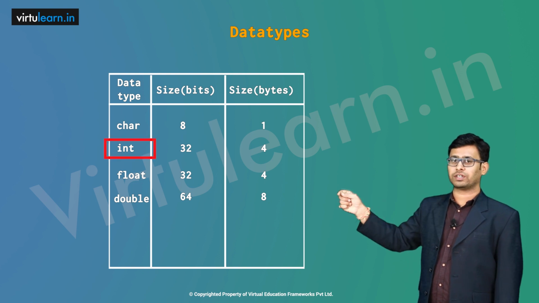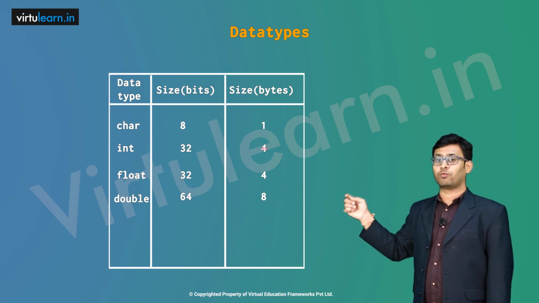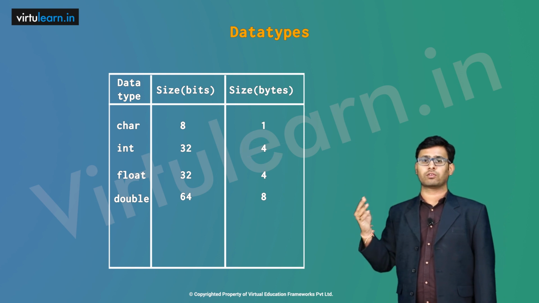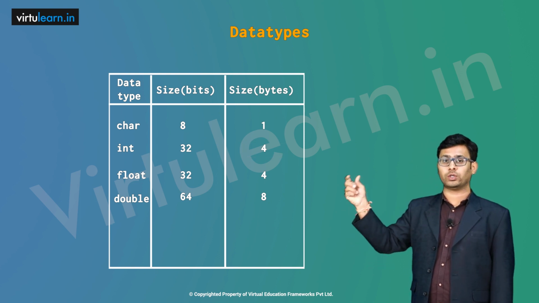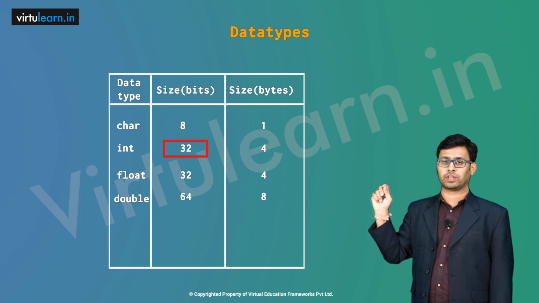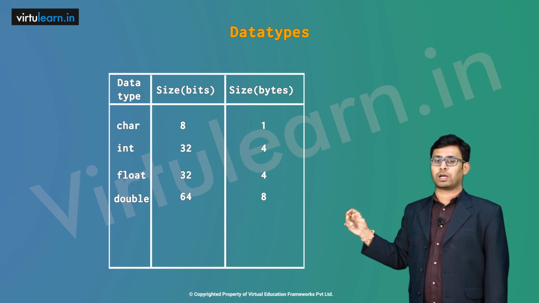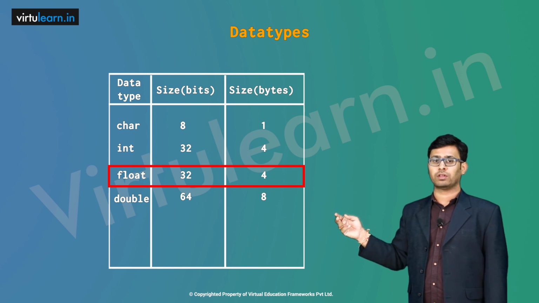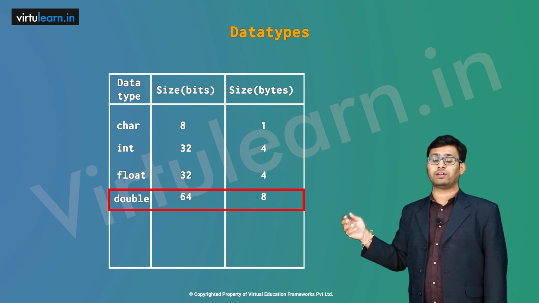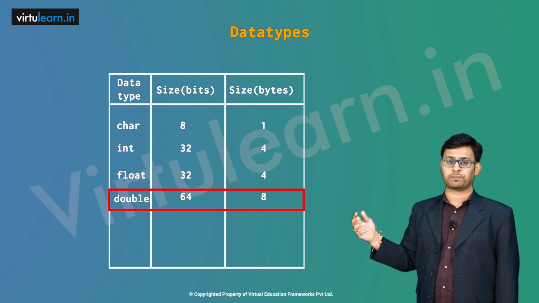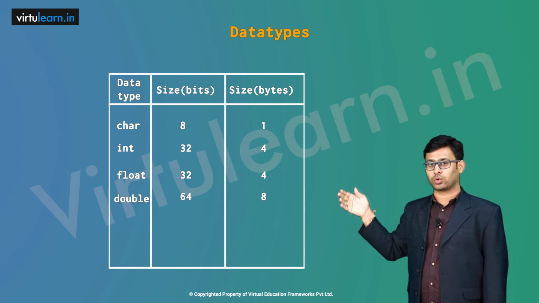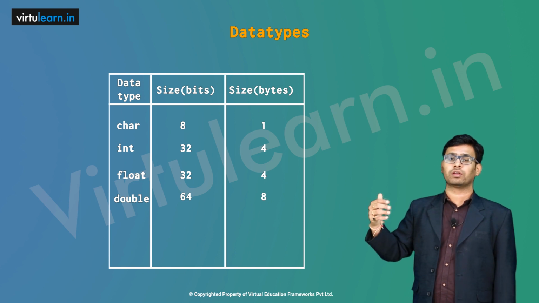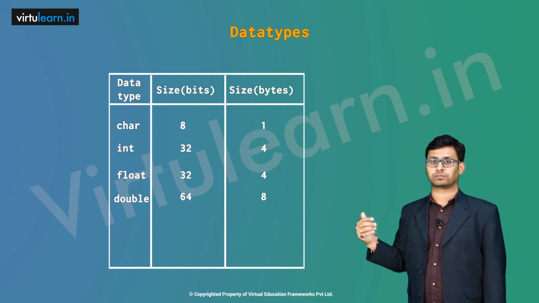Similarly, integer holds 4 bytes of data, which means 4 times 8, that is 32 bits. Next, float also takes 4 bytes of storage. Next, double takes 8 bytes of storage. So these are the latest storage sizes used by our new compilers.